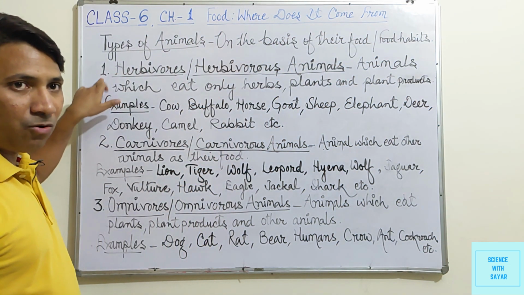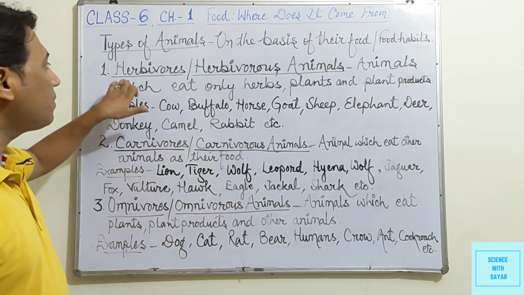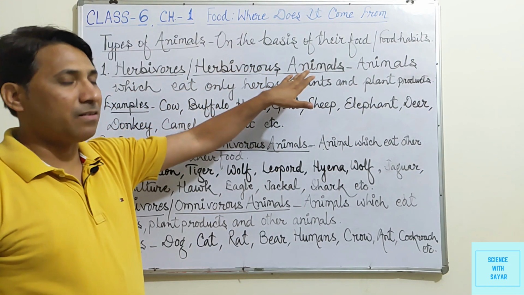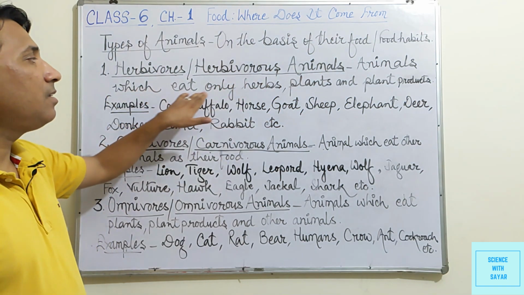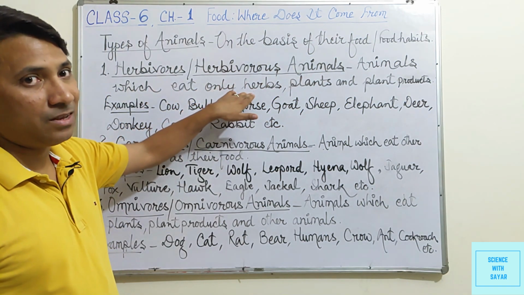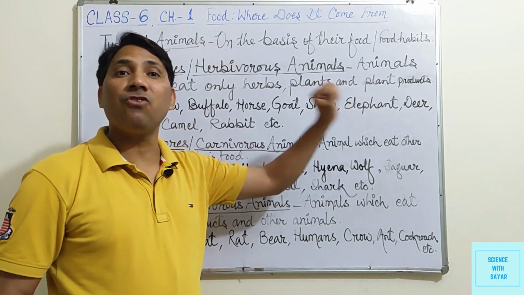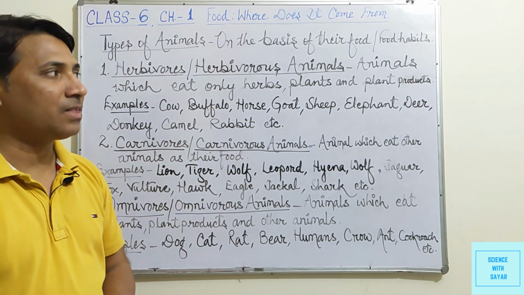First type, on the basis of the food type they eat, is herbivores or herbivorous animals. The animals which eat only herbs, grasses, plants and plant products are known as herbivores.